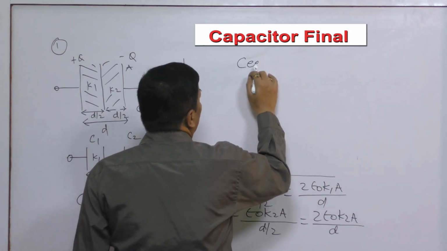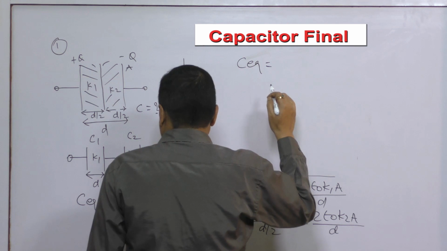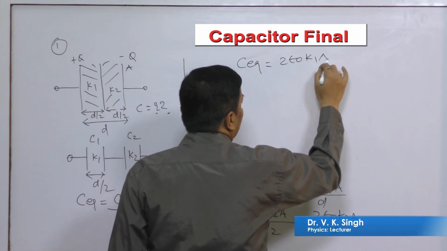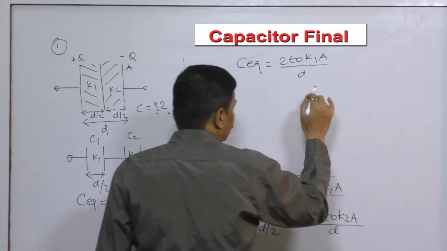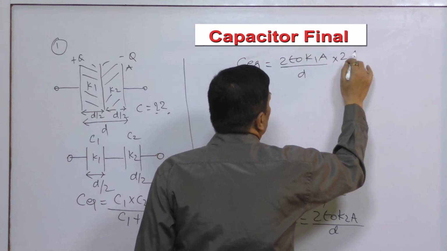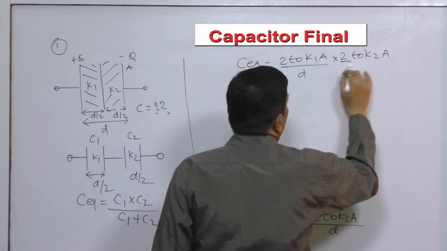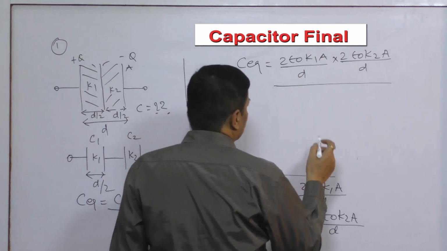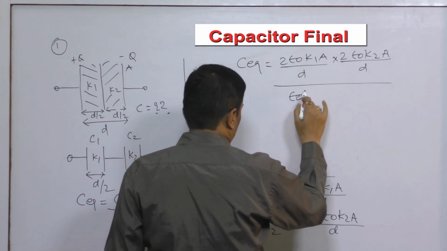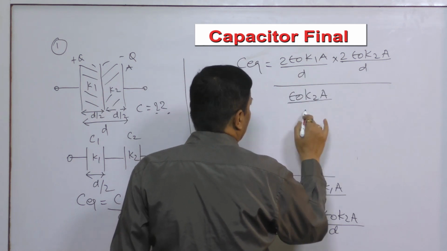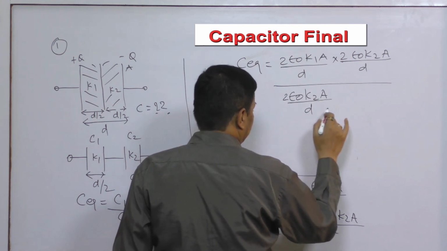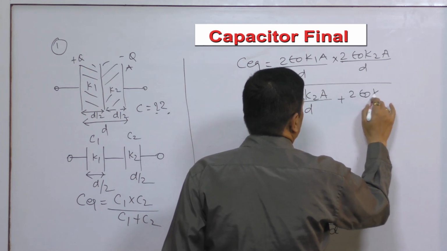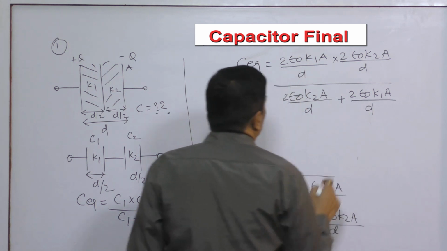C equivalent is equal to C1 C2 by C1 plus C2, that is, 2 epsilon naught K1 A by D into 2 epsilon naught K2 A by D, divided by 2 epsilon naught K2 A by D plus 2 epsilon naught K1 A by D. We are getting in this way.